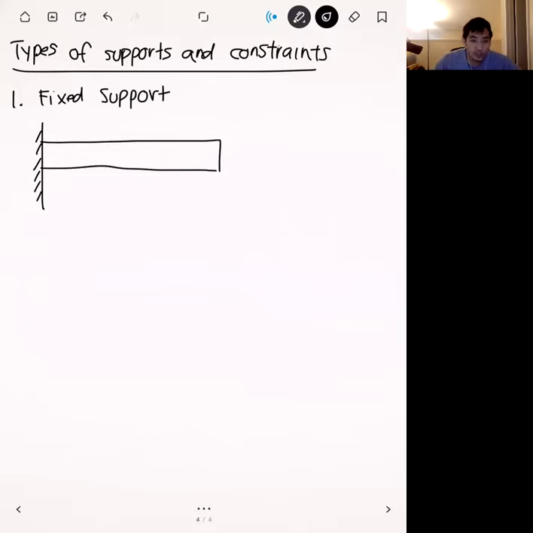What's unique about this support is that it constrains all the degrees of freedom that are possible at that node. Okay, so we call this node 1 right here. What this is going to do is constrain all degrees of freedom at the supported node.